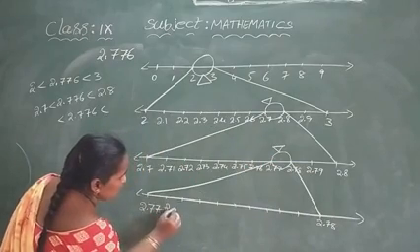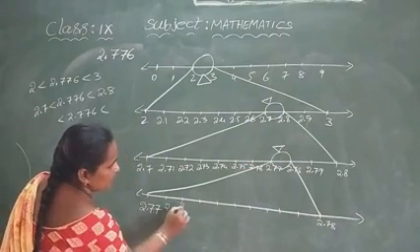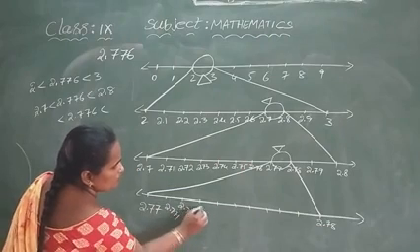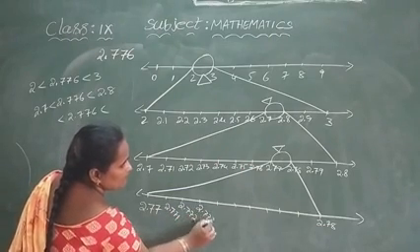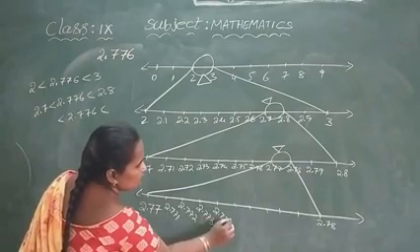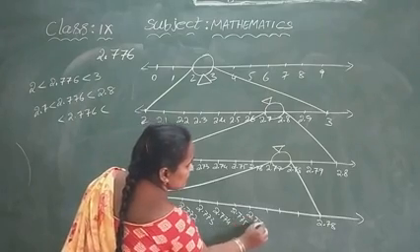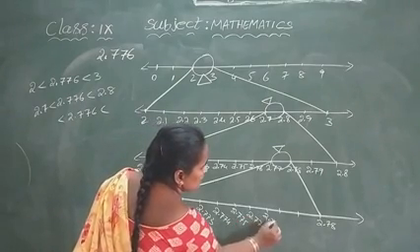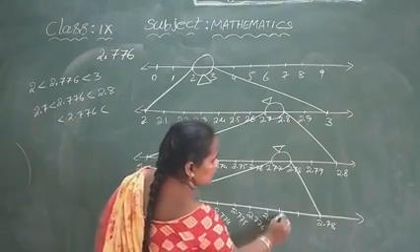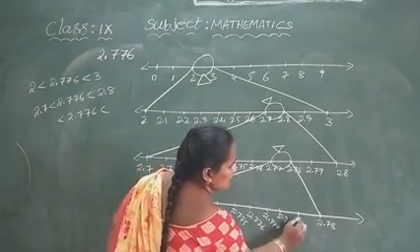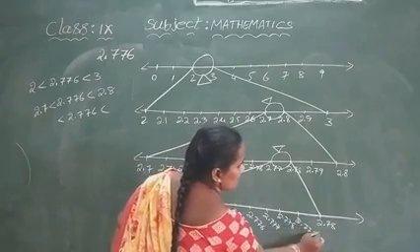Now we can take this one as 2.771, 2.772, 2.773, 2.774, 2.775, 2.776, 2.777, 2.778, 2.779.